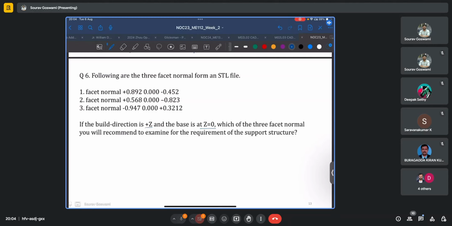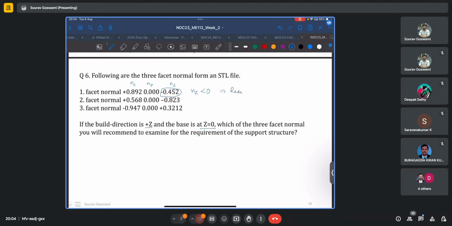Facet normals with Z components which are negative may require support structures based on how large the inclination is. For the first facet normal, we see that these are nx, ny, and nz. For the first facet normal, we see that nz is less than 0.